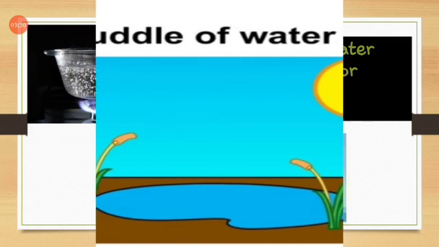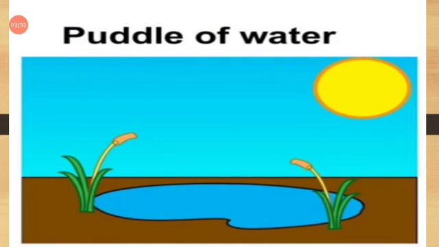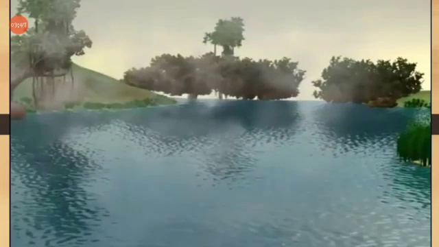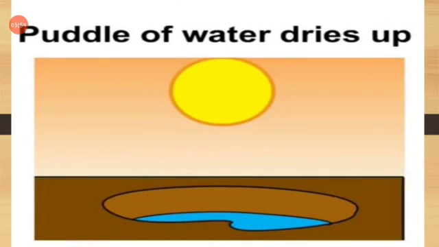Have you observed a puddle of water dries by itself after a few days? What causes it to dry up? Is it magic? No. Due to the heat of the sun, evaporation from all water bodies like sea, river, lake and even a puddle of water goes on all the time.